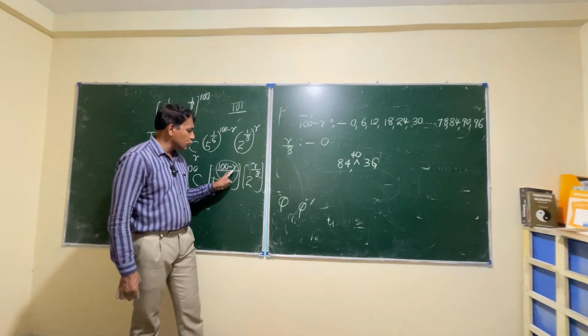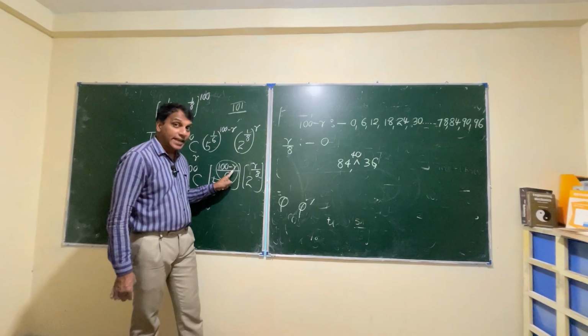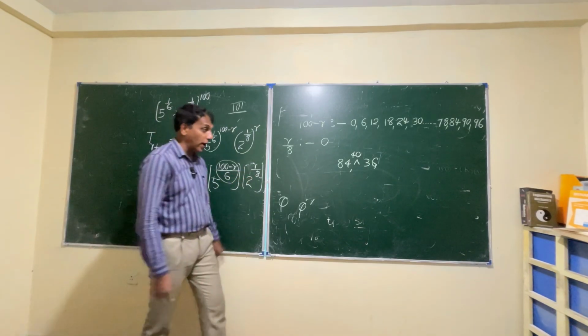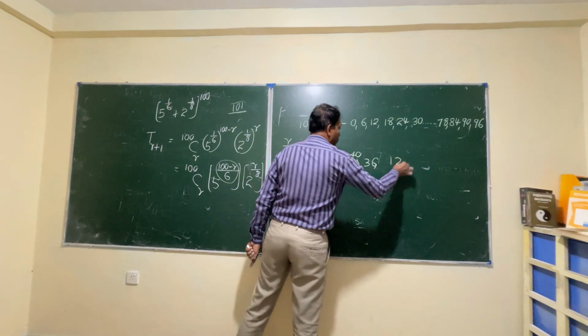And see 12: 100 minus 12 is 88, and 88 divided by 8 gives 11, so 12 also works as a perfect number.